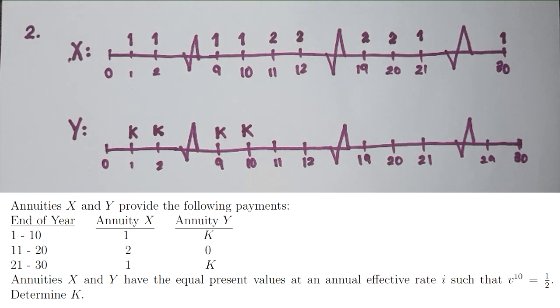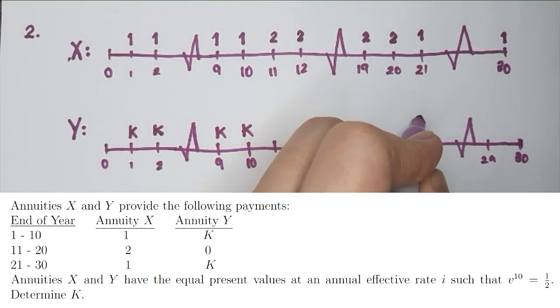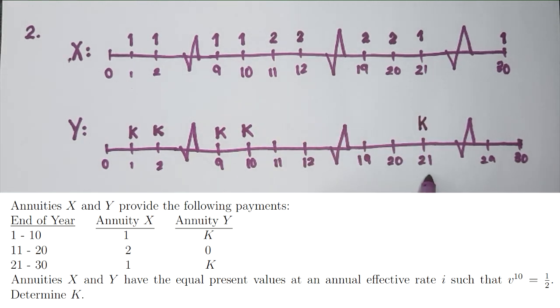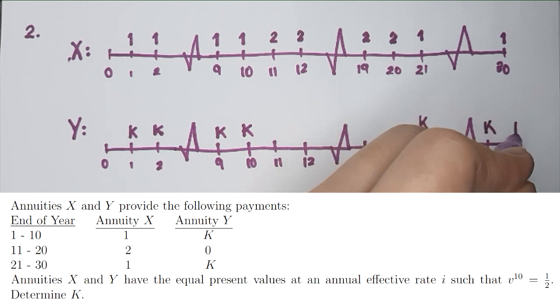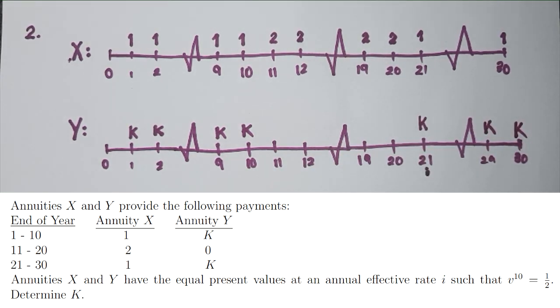And then, for the last 10 years, so, ibig sabihin, end of the 21st year up to the end of the 30th year, K units ulit ang payment. So, saan ko ilalagay yung unang K? Dito. Sa T equals 21. Ito yung end of the 21st period or 21st year. So, hanggang dito.